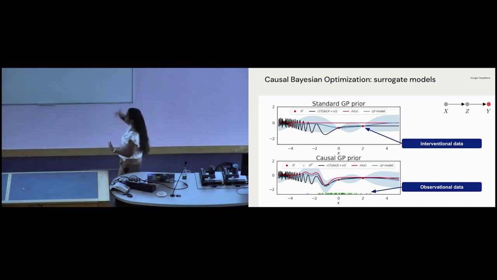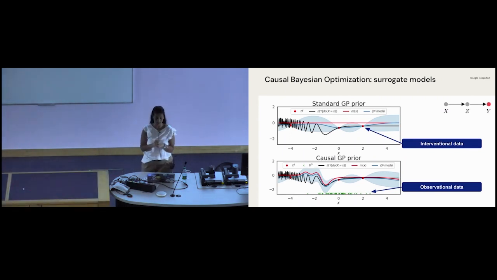So the difference between these two plots is that in the first plot, I'm using a standard zero mean RBF kernel. In the second plot, I'm using a mean function and an RBF kernel plus one term that are estimated with the observational data. So this is a way to combine observational data and interventional data.